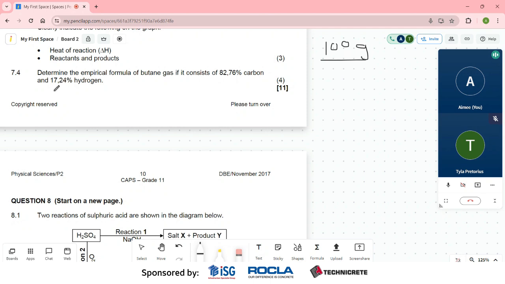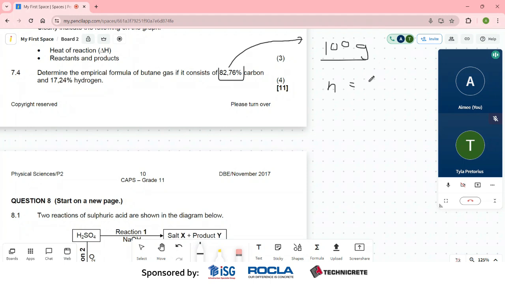Because it's 100% describing carbon and hydrogen, we assume that it's a 100-gram sample. So we start by calculating moles of each one. And we assume that this 82% is equivalent to 82.76 grams. We assume that it's 82.76% of a 100-gram sample.